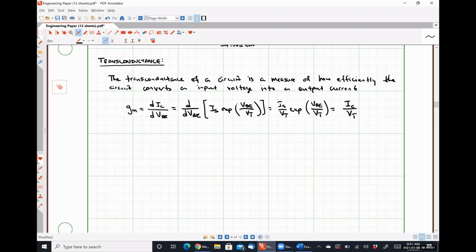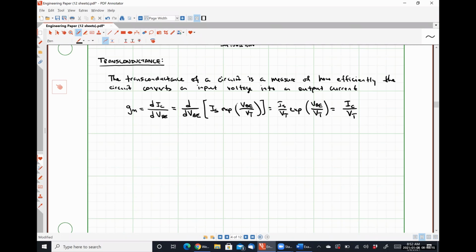So the transconductance here is extraordinarily similar to the inverse of the dynamic resistance that we saw for a simple diode, right? So we're looking at small changes and how things are affected, all right? So this is our transconductance.